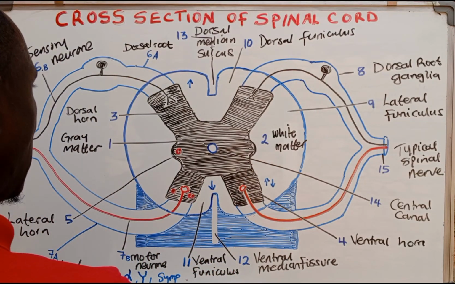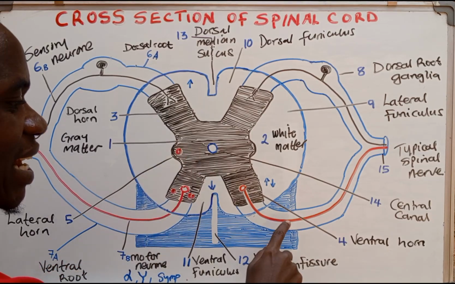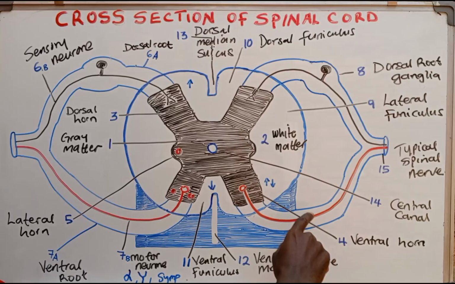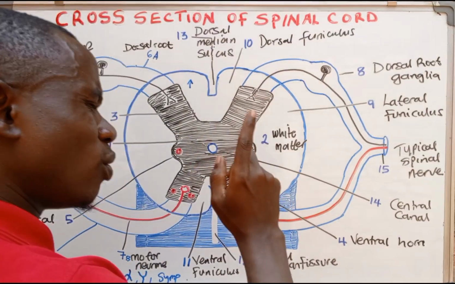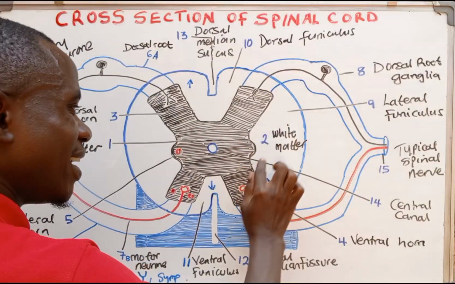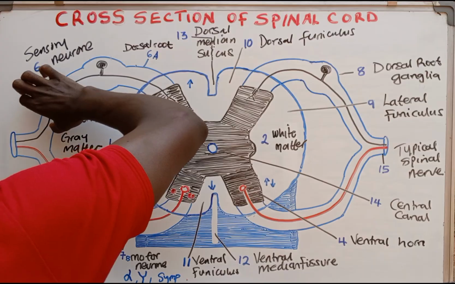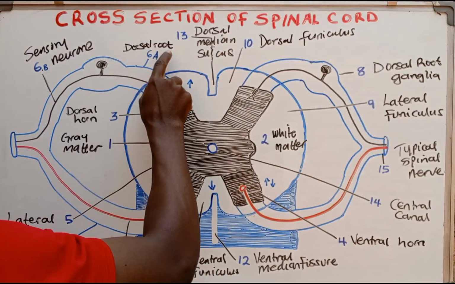Then we came to number three, which we call the dorsal horn of the gray matter, and then number four, which is going to be the ventral horn of the gray matter. Okay, and then we said number five is going to be the lateral horn, mainly in what we call the thoracolumbar region. It's where you're going to be finding this kind of lateral horns. Number six, I said this is the whole of this tube here, and this tube here is what we call the dorsal root.